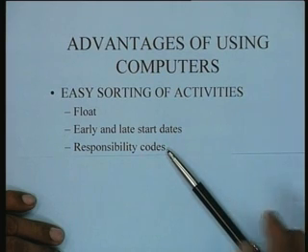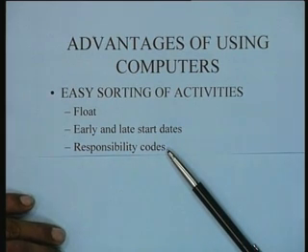Another very important classification that management finds handy is sorting of activities by their responsibility codes. Different activities in a project are typically done by different individuals or different agencies, that is, different people are responsible for those activities. For instance, you want to find out which are all the activities which are the responsibility of the manufacturing department.